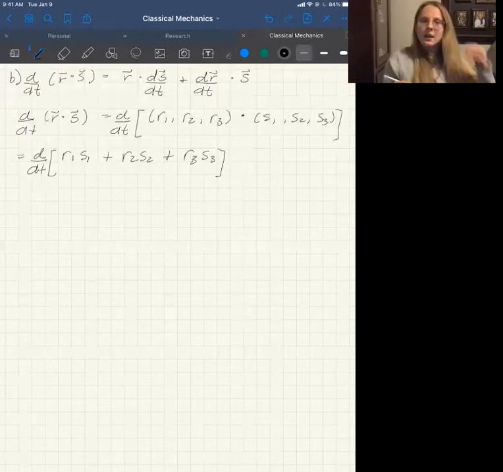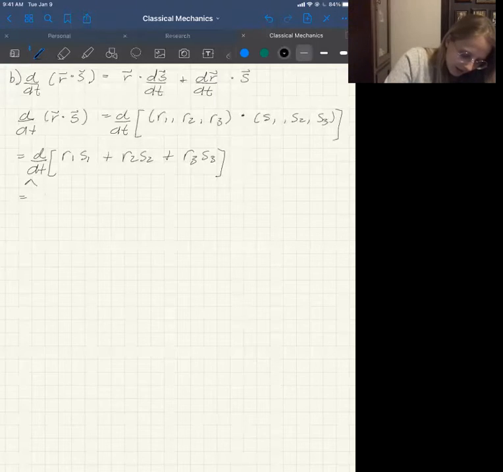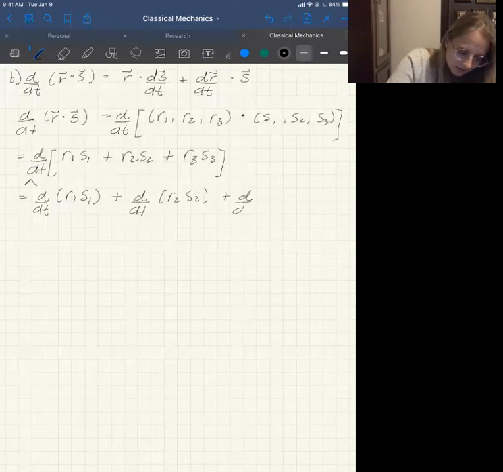All right. A derivative, which is what this d/dt represents, can be distributed amongst sums. So I can write this as d/dt of R1S1 plus d/dt of R2S2 plus d/dt of R3S3.